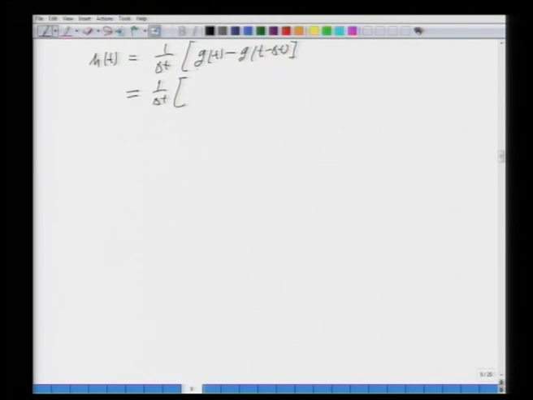We have already found out what g t is. g t is nothing but the integral between 0 to t of u lambda d lambda. We have just said that. Similarly, what will this one here be? It will be minus the integral from 0 to t minus delta t, isn't it? Whatever is in the brackets here will be the limits of your integration of your u lambda d lambda.